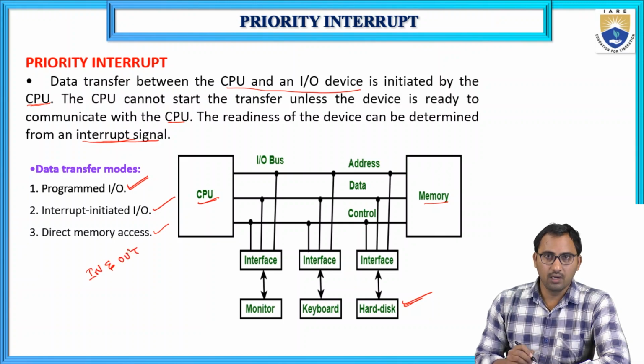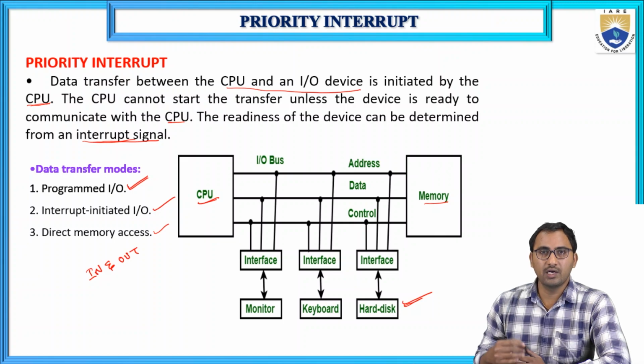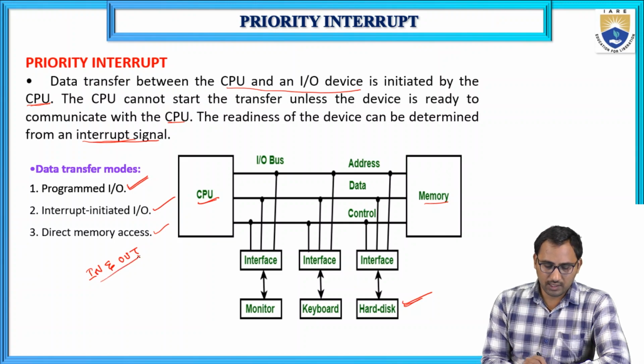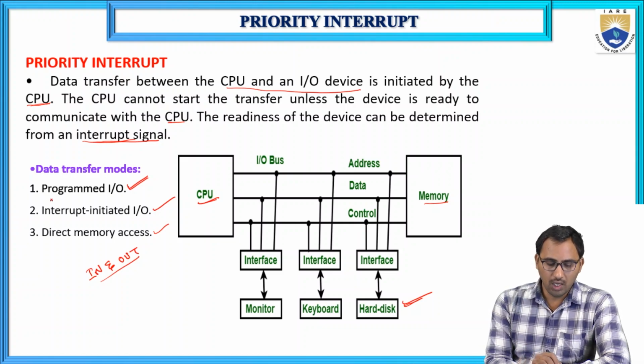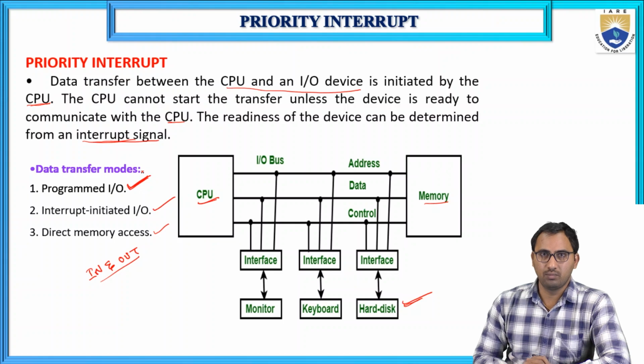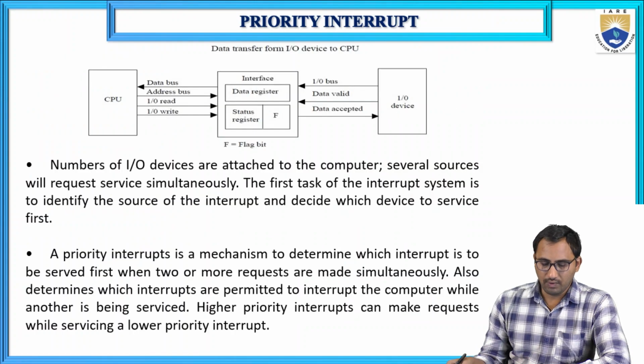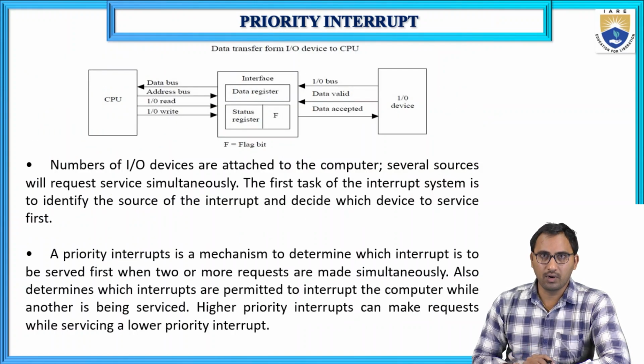These are the instructions related to reading or writing data from or to the I/O devices. Whenever these types of instructions are executed, the data transfer will be initiated. That is called programmed I/O. We can now see programmed I/O in detail.